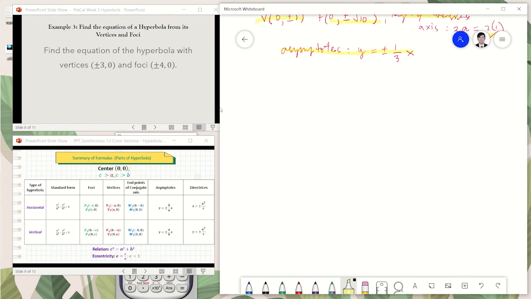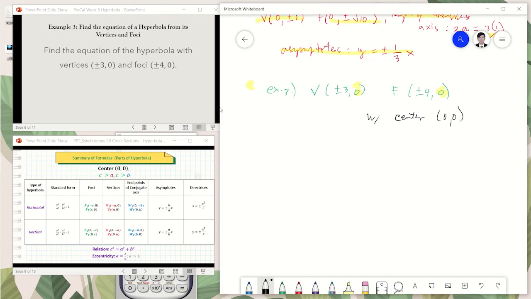By simply looking at example 3, as I said during our synchronous session, the y coordinates are both 0. So automatically, your conclusion here is that the center is at the origin.